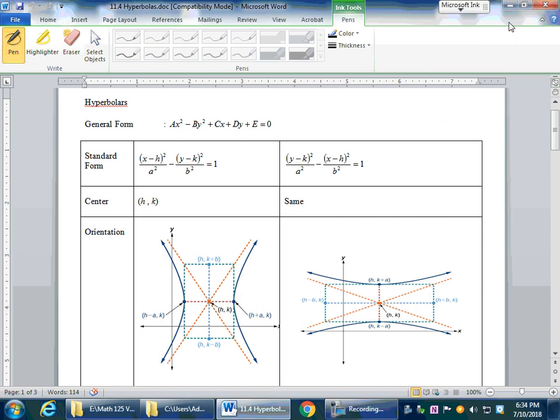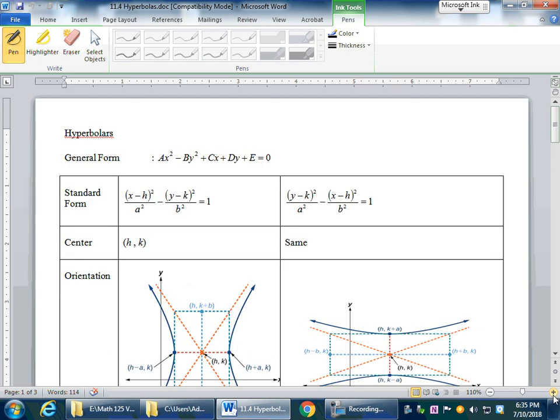11.4 Hyperbolas. So when we look at hyperbolas, again, the formula is important. In general form, we classify between circle, ellipse, and hyperbola like this.